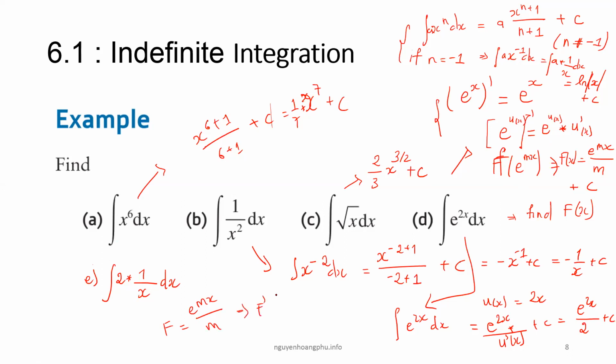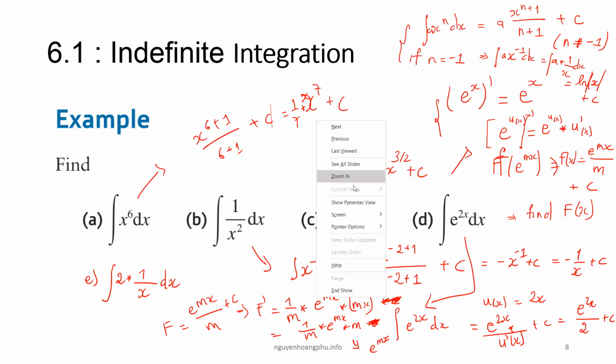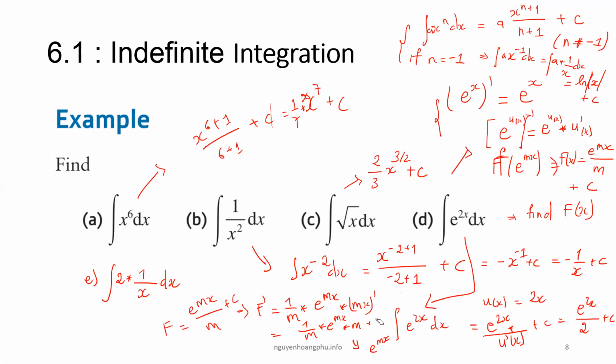If you take the derivative of F here, it will be equal to 1 over m multiplied by e^(mx) multiplied by the derivative of mx, which is m, right? You take the mx derivative here, multiplied with e^(mx) times m, plus the derivative of c, which is 0.